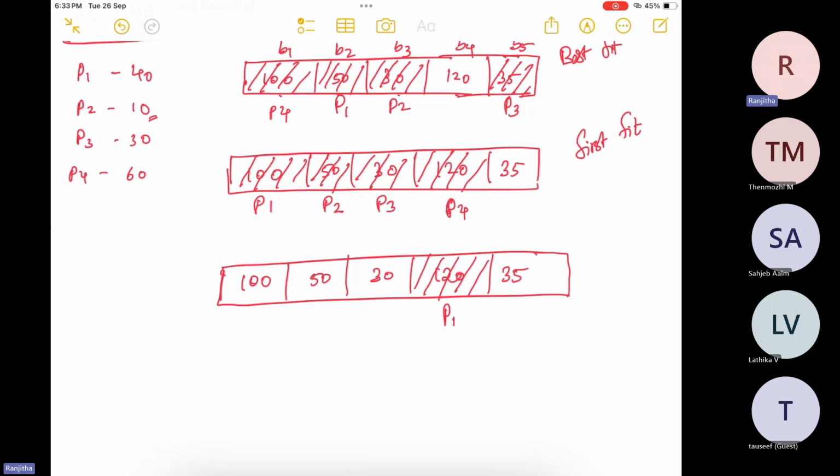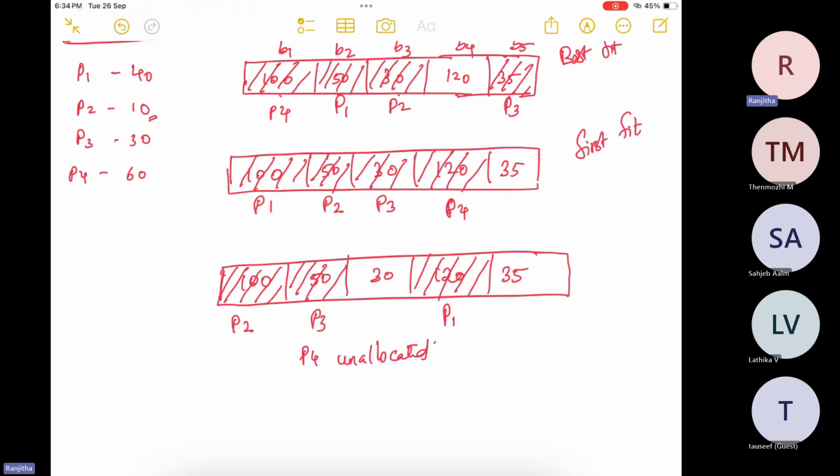Then P2 will come and, though it needs only 10, it will take the next largest one. P3 will come and take the next largest one. And then unfortunately for P4 there is no space. P4 cannot fit in 30 and 35, and thus P4 will remain unallocated. So hope with this example these three strategies are clear.